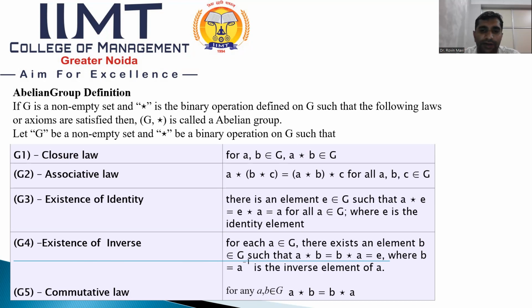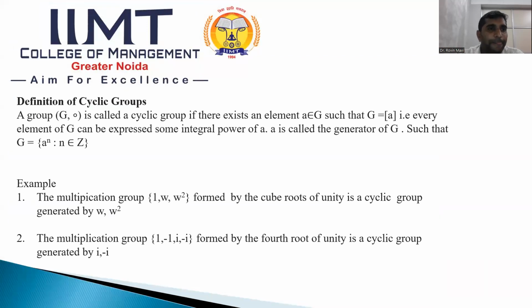Existence of inverse: for a belonging to G, there exists an element b belonging to G such that a star b is equal to b star a is equal to identity. Commutative law: for any elements a, b belonging to G, a star b is equal to b star a. Then G is called an abelian group.